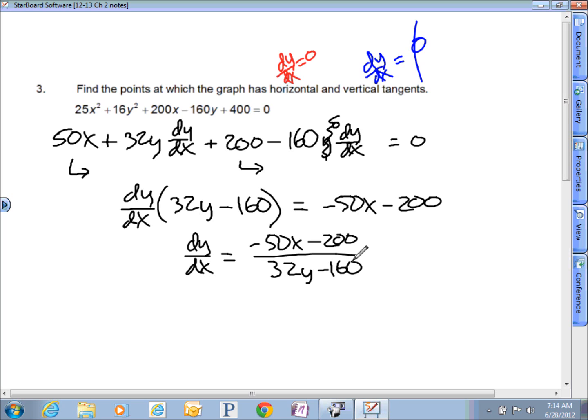Now, looking up at the red and the blue, if I want to find horizontal tangents, I want the derivative to be equal to 0. So this is my horizontal. I'm going to set dy over dx equal to 0. Well, the fast way to do that is to set the numerator equal to 0.